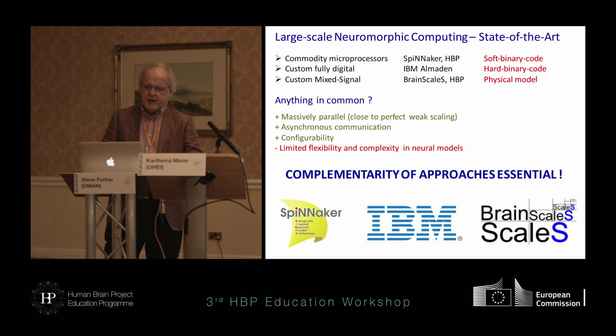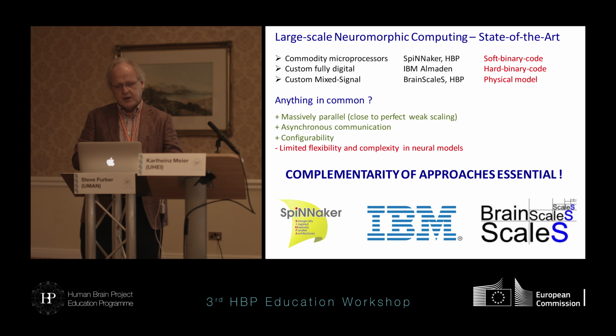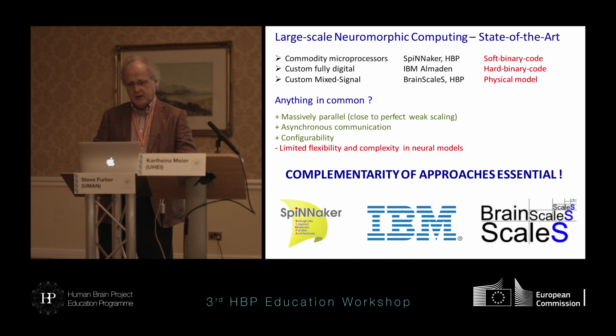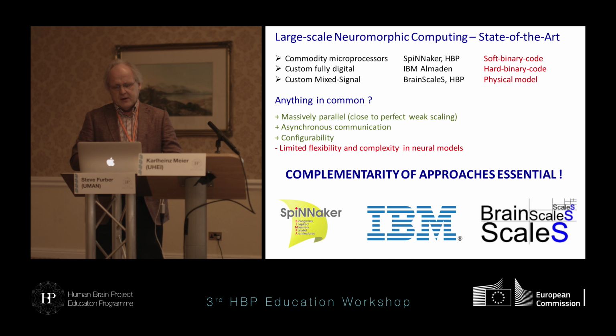And the third approach mentioned here is the mixed signal approach, full custom, and this is epitomized by Karlheinz's earlier work in BrainScaleS, which again is now supported within HBP. And within HBP, we describe Spinnaker as the many-core neuromorphic system, and we describe BrainScaleS as a physical model. It's mapping more of the physics of the model into the hardware itself.